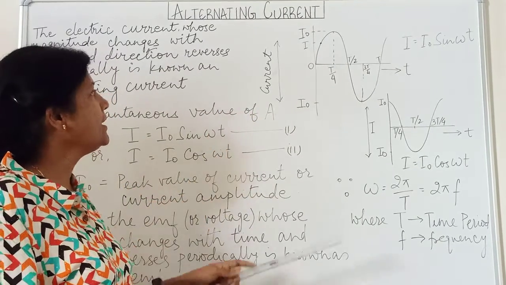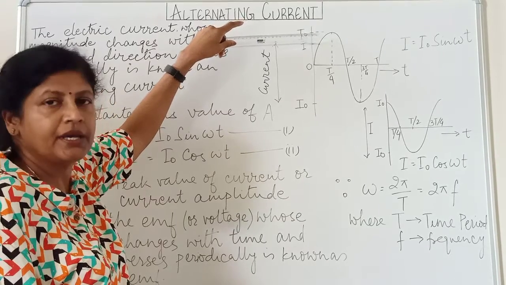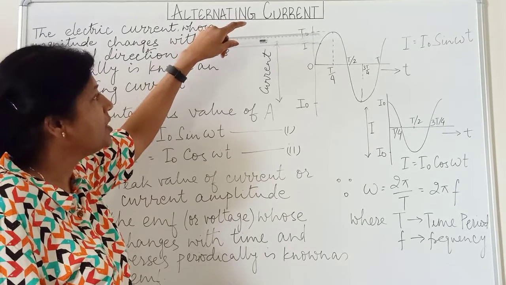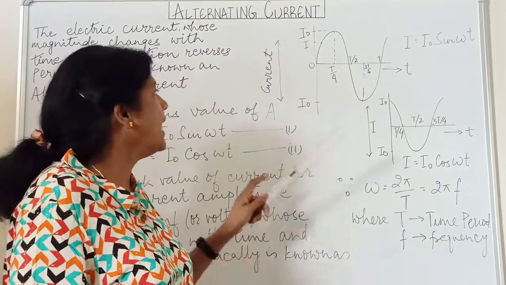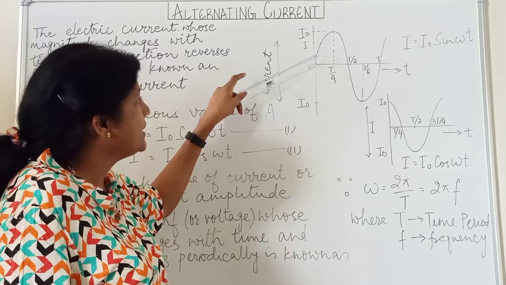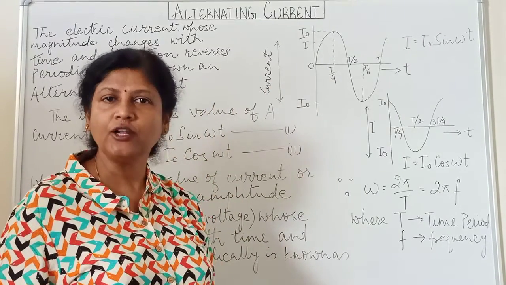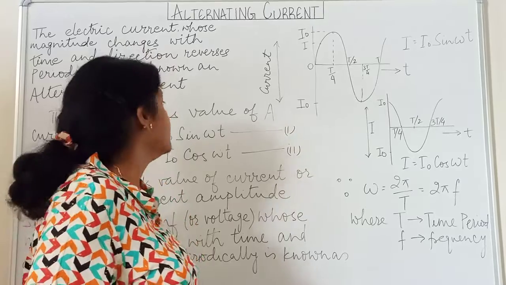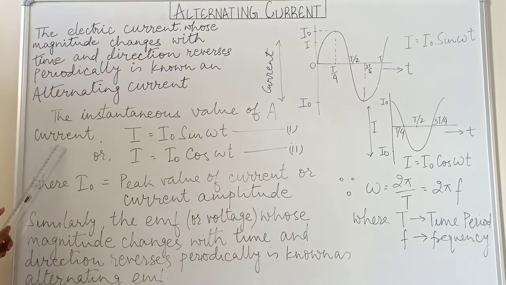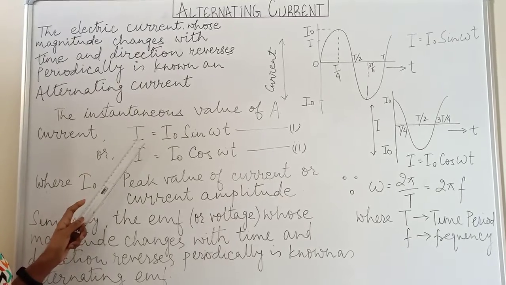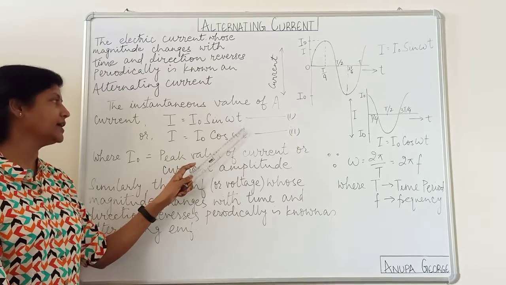Let I be the value of current, or you can say instantaneous current at time t. Then we can calculate the value of that current. The instantaneous value of alternating current is I is equal to I naught sine omega t.